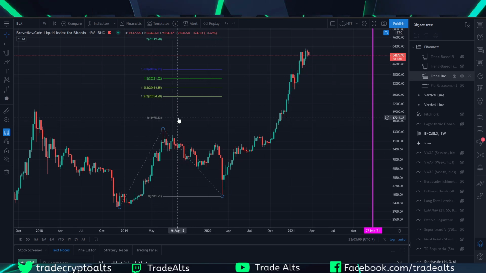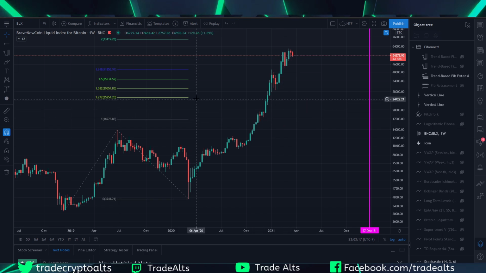So your one-to-one extension just under 17,000, that was a pretty important level when price was around it. We got the push up through it, but 17K was a relatively important level during this short time that we were around it. But there are two that are really interesting, really important fibs.